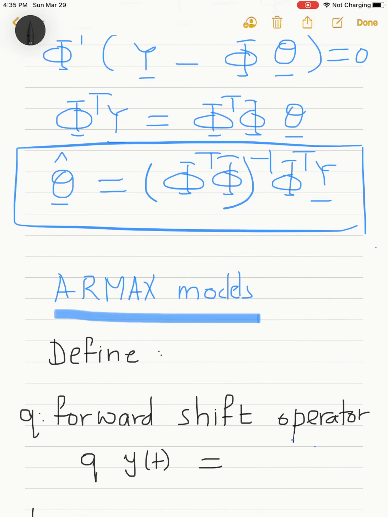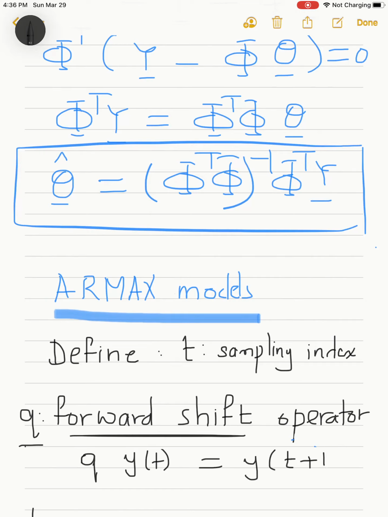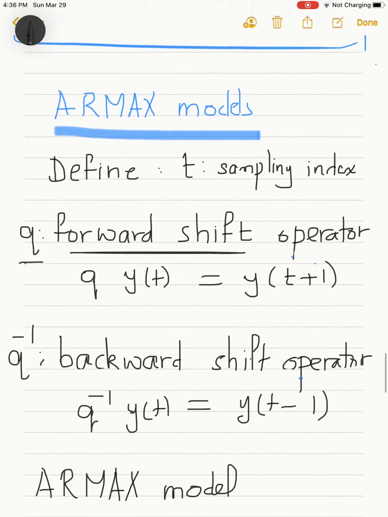Okay. Let's define T as the sampling index. So the forward shift operator, which is Q, is defined as if you multiply Q by y of t, you get y of t plus 1, which means that you advance the signal one sample ahead.